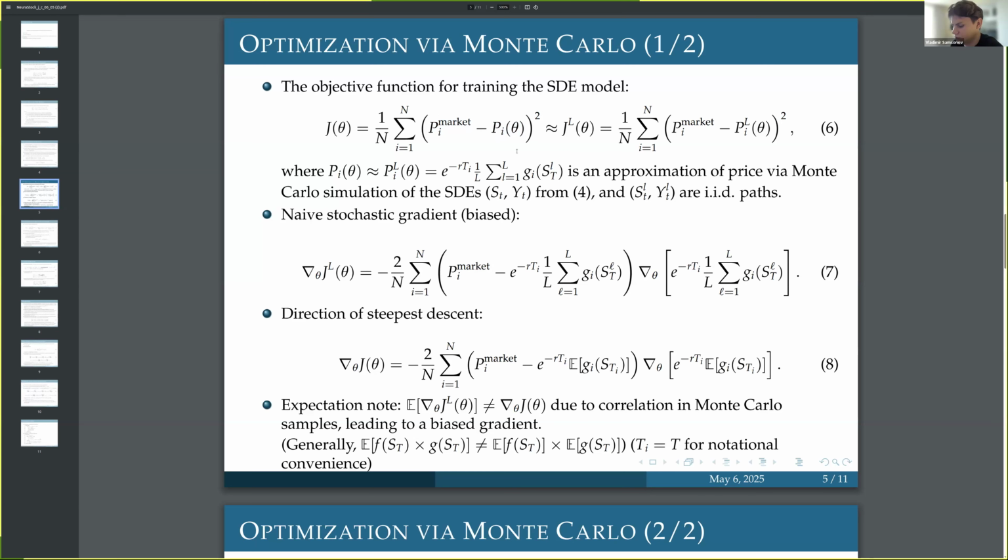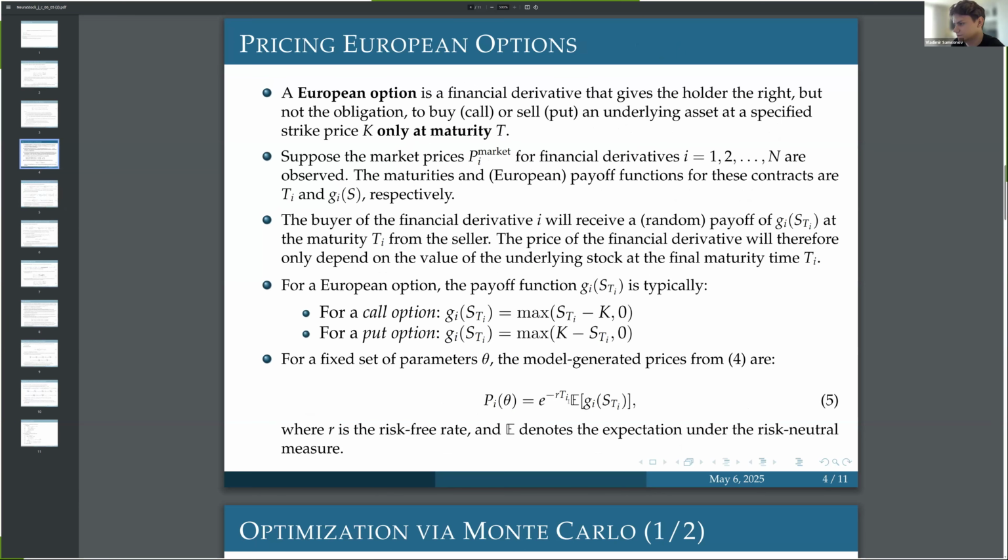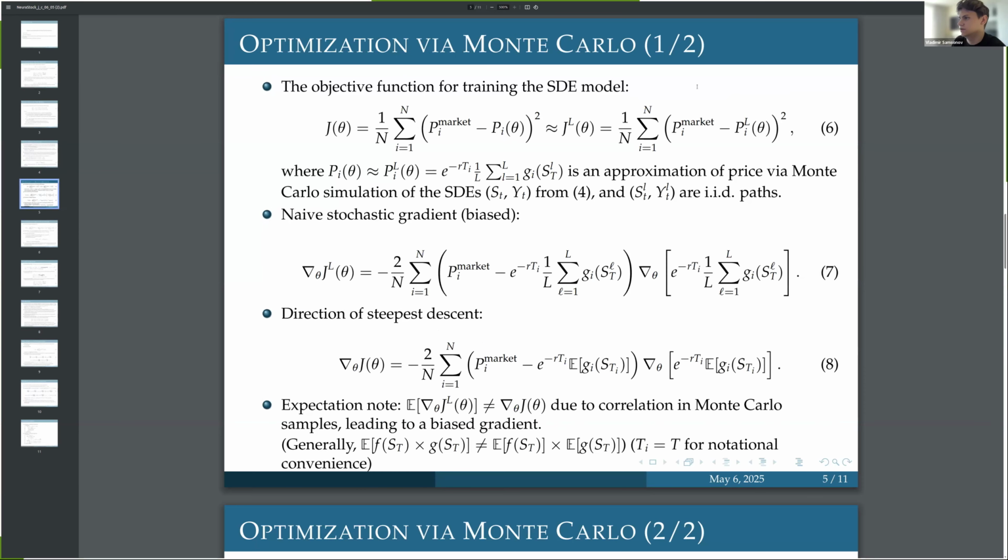And here is just the loss function of mean squared error. They say you can evaluate the model-generated price expectation value using Monte Carlo simulations of the stochastic equations, and here you can see that it's just the mean of these simulations.